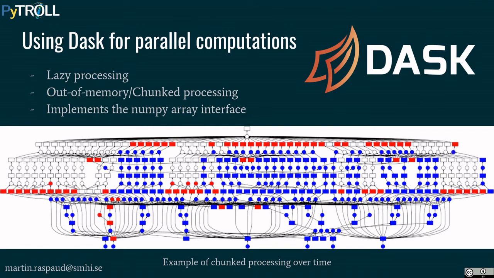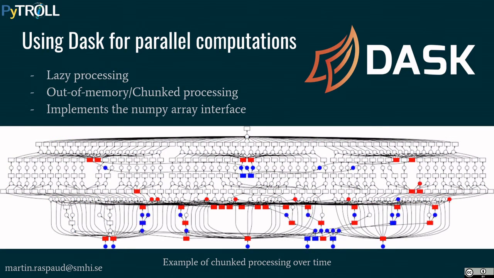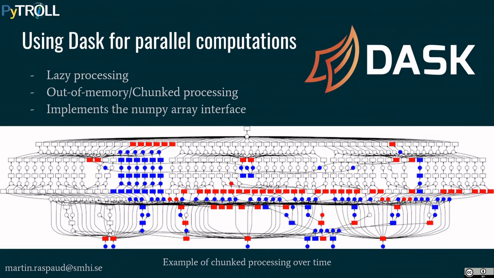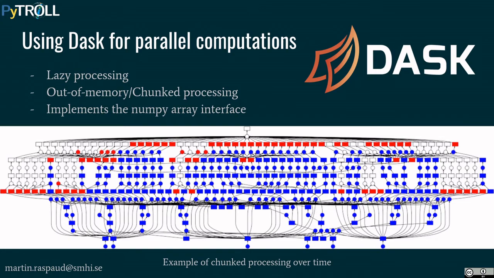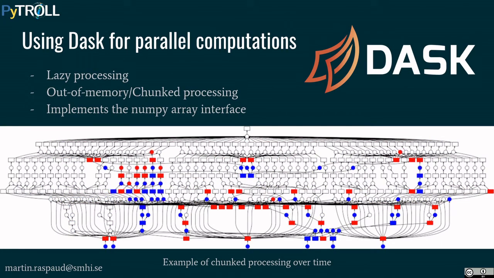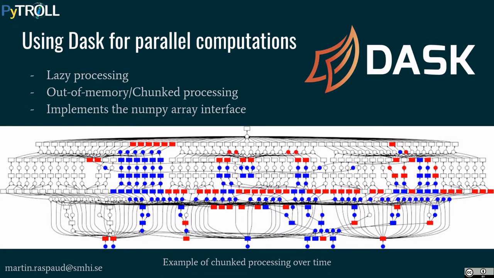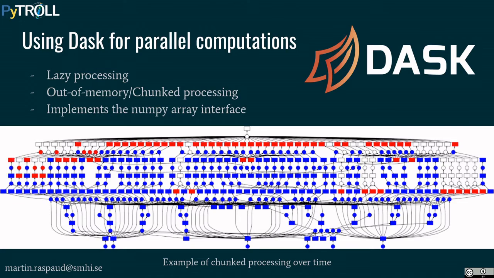A full data array is never actually loaded entirely into memory, but small chunks instead are being processed each in its turn. The last aspect that we really like is that it implements the NumPy array interface, which means that if you are familiar with the NumPy array interface, you can use Dask array in a very similar fashion.